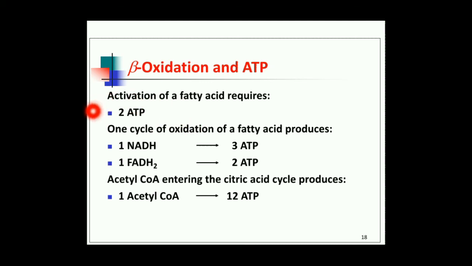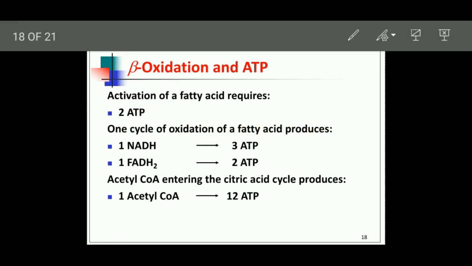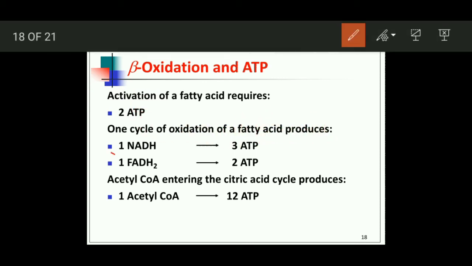One cycle of oxidation of a fatty acid produces, and this is the important term here, guys, one NADH and one FADH2. In one cycle we get one NADH and one FADH2. This NADH produces 3 ATP, and this FADH2 produces 2 ATP after going through the ETS.